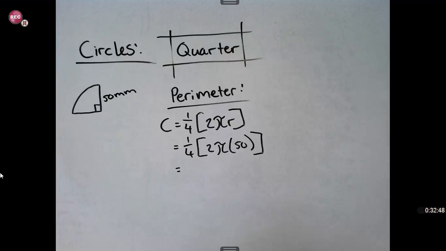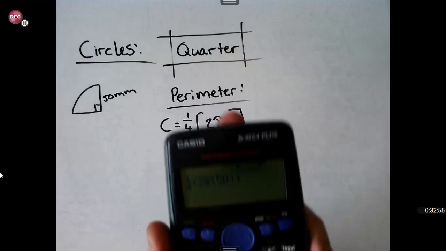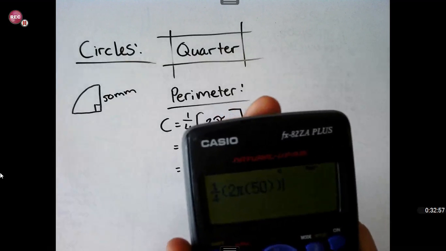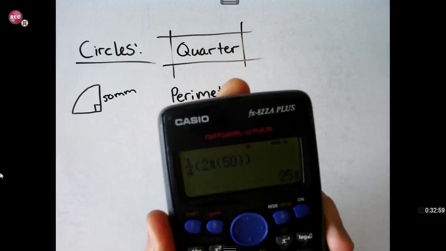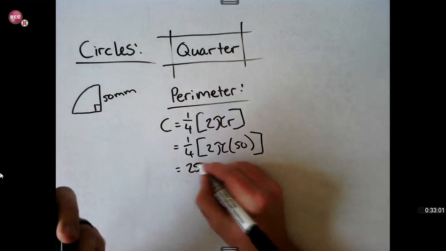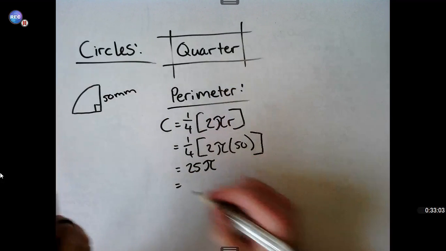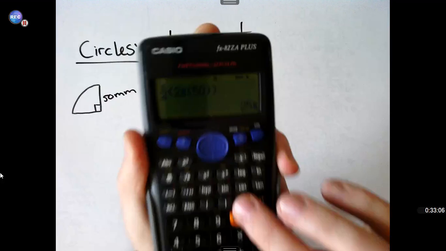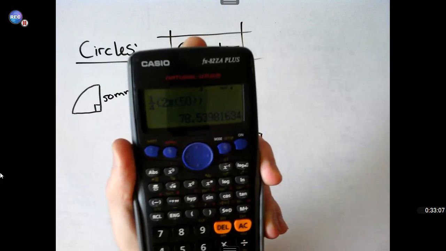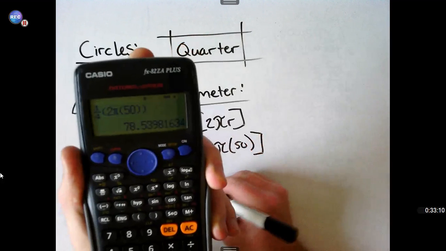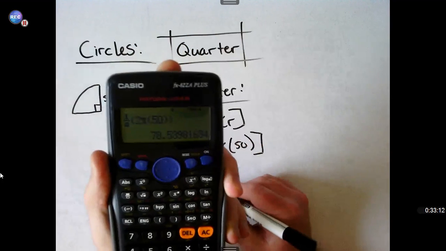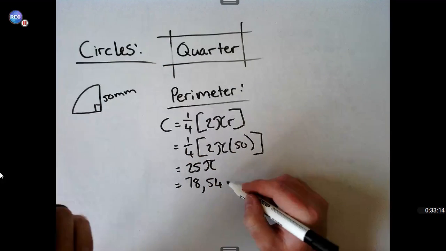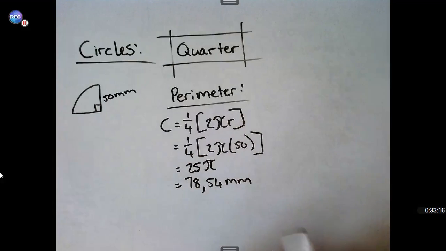Open bracket, we'll have 2 pi, open bracket 50. So when you put it in your calculator, it should look something like that. Press the equal sign, it gives me 25 pi, but we're looking for 2 decimal places, so we're going to press the SD button. And that gives us 78.54, and that would be millimeters for the distance around the quarter circle.